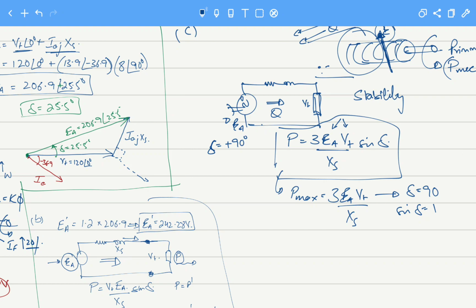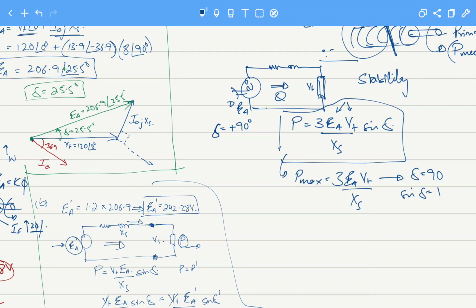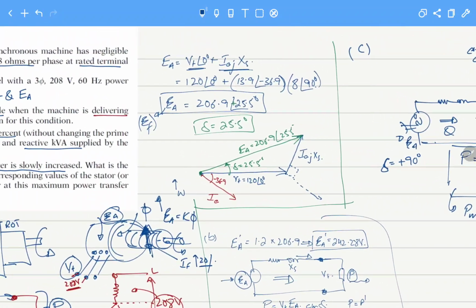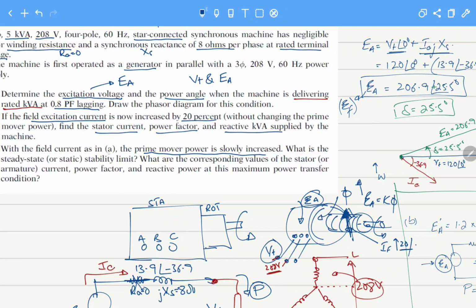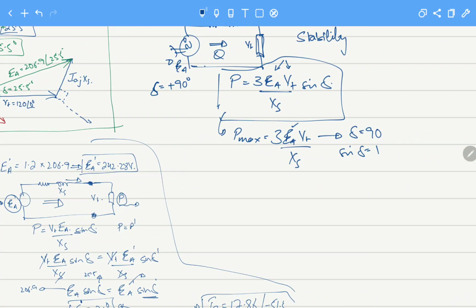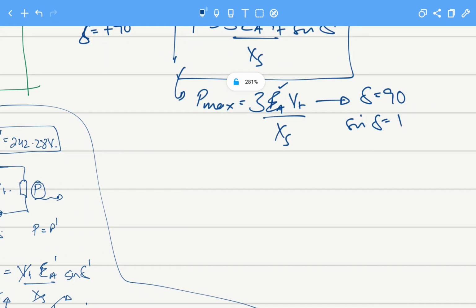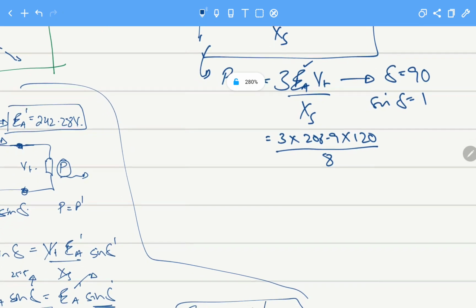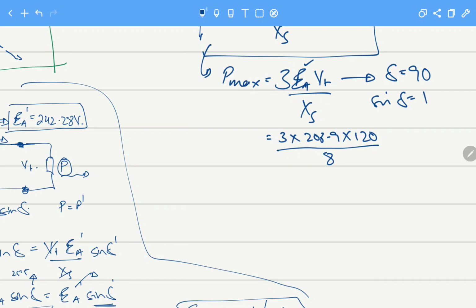And what will be the maximum output power we can get from our machine? We have EA given. This is the EA that we calculated in part A, because it says field current as in part A. So the value will become 3 into 206.9 and terminal voltage is 120, divided by 8, and P max will be 9.32 kilowatt.